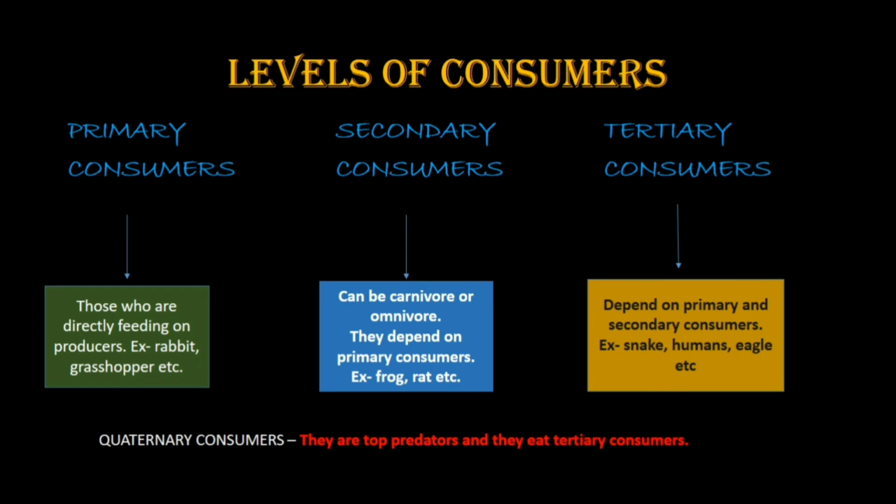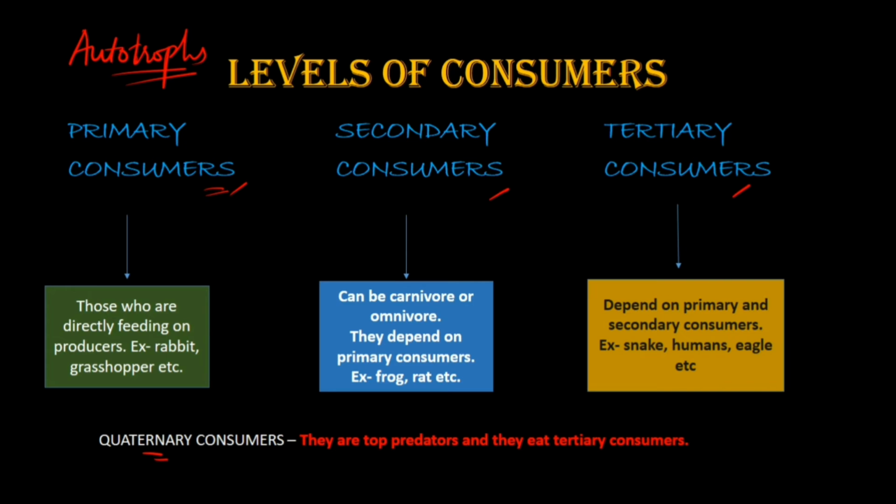Consumers are divided into various categories. For example, primary consumers, secondary consumers, tertiary consumers, and quaternary consumers. Primary consumers are those consumers which are directly dependent on autotrophs, right? For example, those organisms or those animals which directly eat plants, grass, etc. They are known as primary consumers.